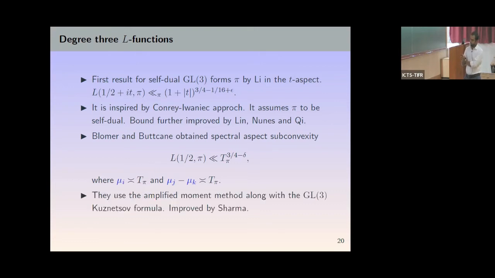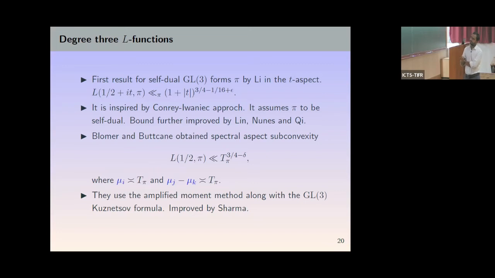But what do they use? They use the amplified moment method again, the amplification technique, and they estimated the fourth moment of these L-values, averaged over the GL3 forms. This result was recently improved by Prahlad Sharma, who is in the audience, and he got a still better bound.